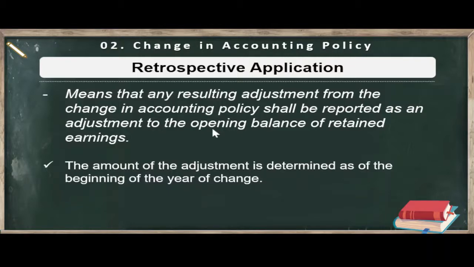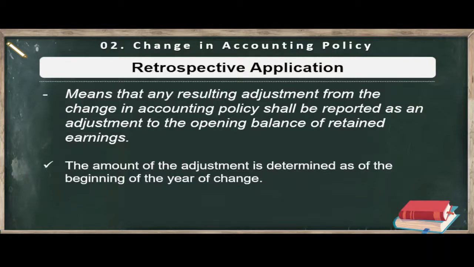So what does this mean? You have to adjust the beginning balance of the retained earnings as if the policy had always been used before. So you apply it retroactively. You have to go back and change the amounts, but only for the retained earnings, and also adjust the corresponding asset or liability in relation to that.